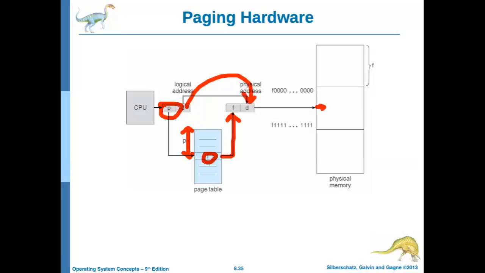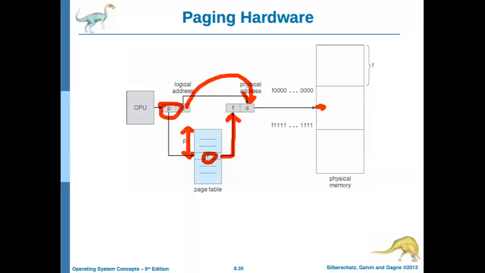Now, this is exactly the same as your segmentation hardware. The only difference is, in segmentation we need not just the base address but also a limit register, because in segmentation, segments are not of the same size. They are of varied size, right? So we need a limit register there.